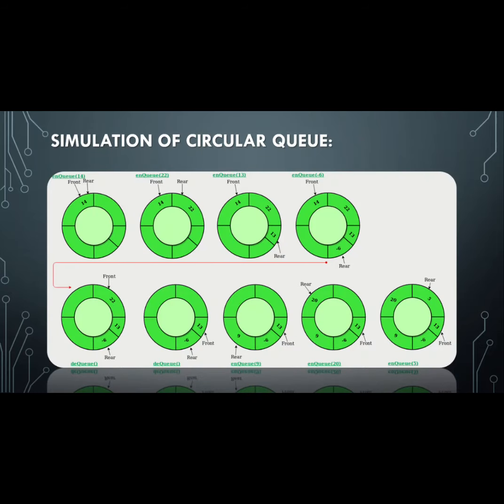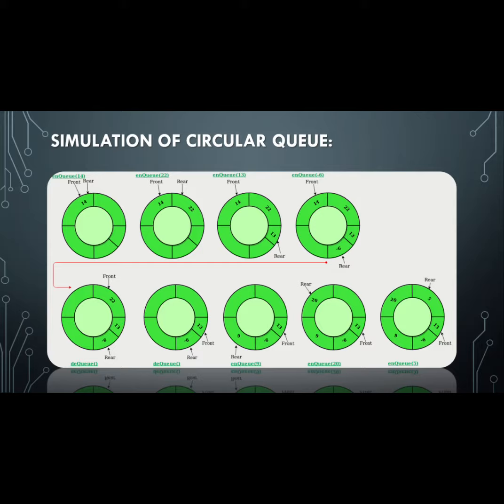Now, here is a visual representation or simulation of enqueue and dequeue in a circular queue. When we enqueue, we have to keep a single array index empty.